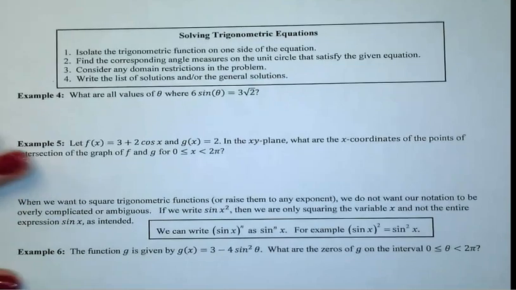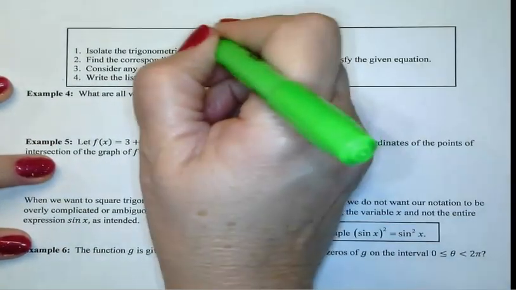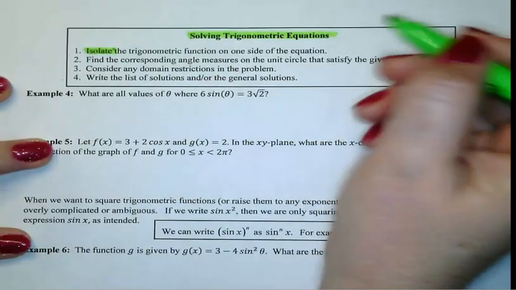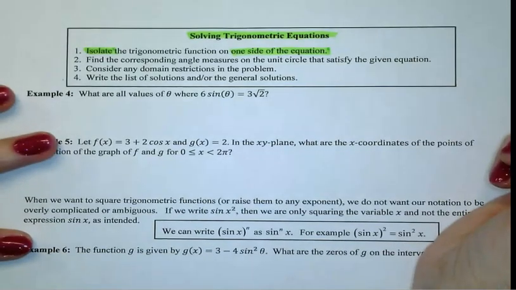Okay, so in this next section, these problems that we're going to be looking at now are finding solutions. So everything now is just kind of actually solving equations. So let's review a few things here. Trigonometric equations, we're going to isolate the trig function to one side of the equation to get it by itself.